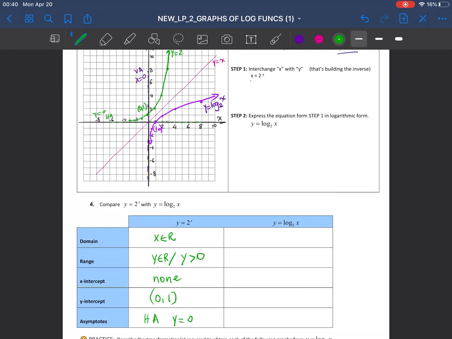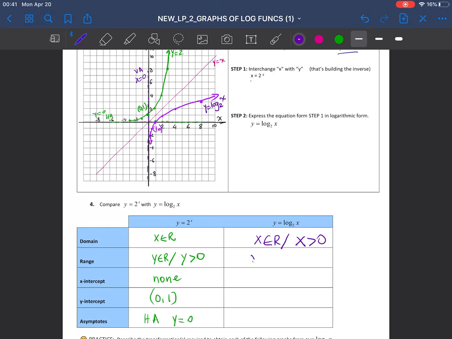For the logarithmic function, on the other hand, we see that the domain is restricted, and it's x, any real number, but x has to be bigger than 0. You see that the values of x will never reach 0 as we go down here.